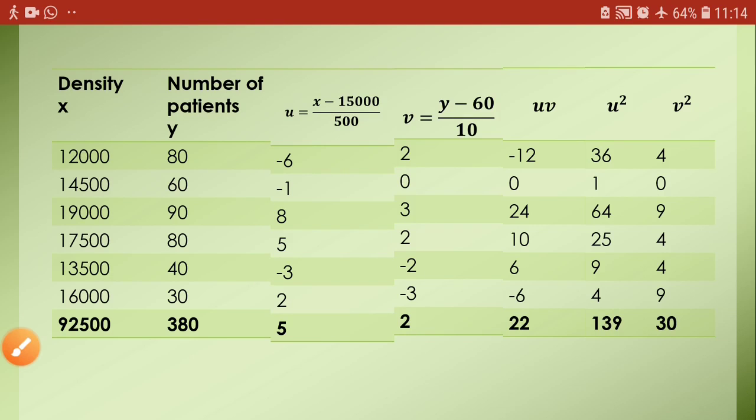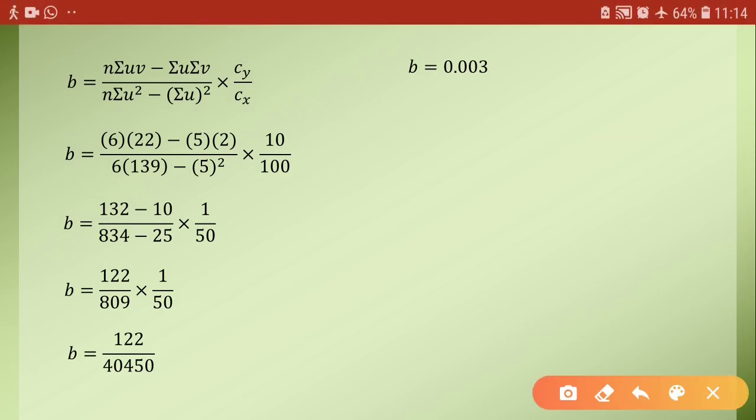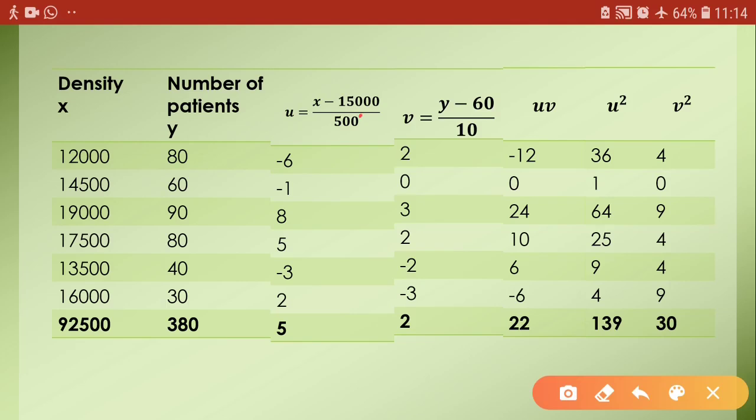We will find v square also. v square is actually not needed in a regression line, but there is another question with this, so we have found v square. We could find it later also. Now you can see the formula, it's Cy upon Cx. Why sir, is this Cy upon Cx formula added? I told you that if you divide any digit while forming u and v, then you should consider this in the formula.